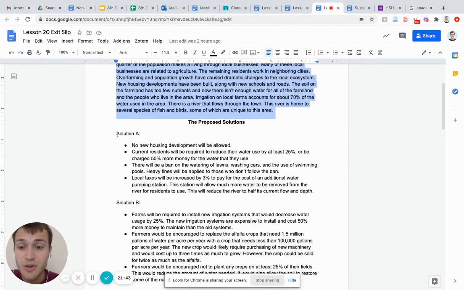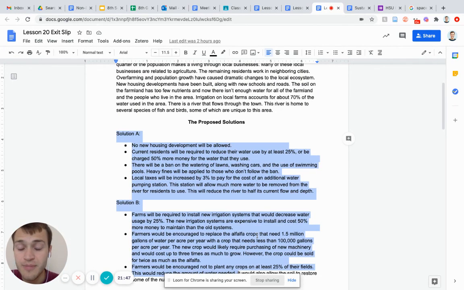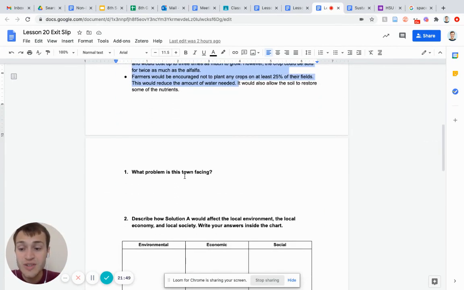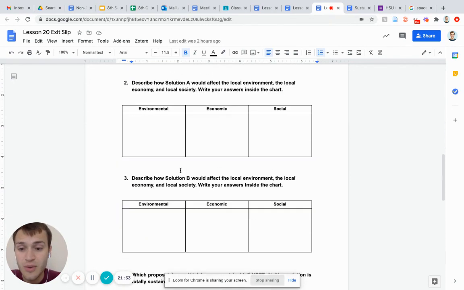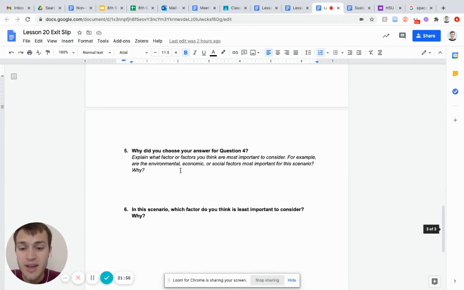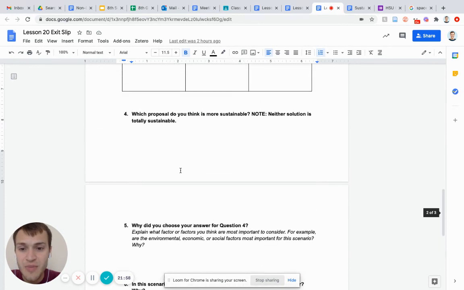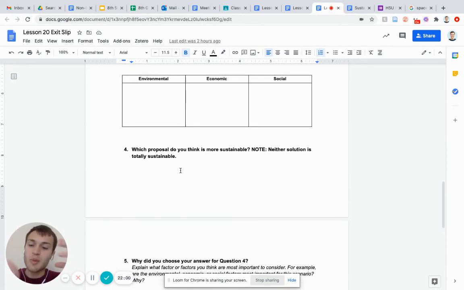Right underneath that, there are 2 solutions that this town is considering. You're going to read both. Then you're going to decide which of these solutions is more sustainable. So there are 6 questions for you to answer, and they're all going to help you think about which solution is more sustainable. So number 4 says, which proposal do you think is more sustainable?